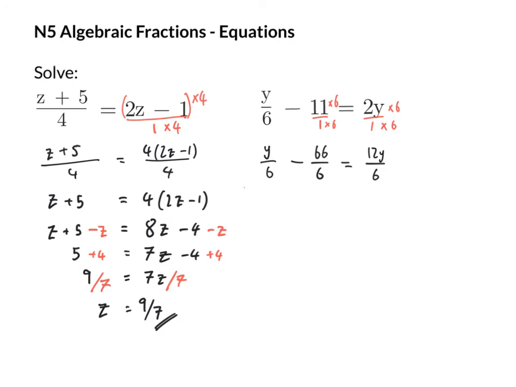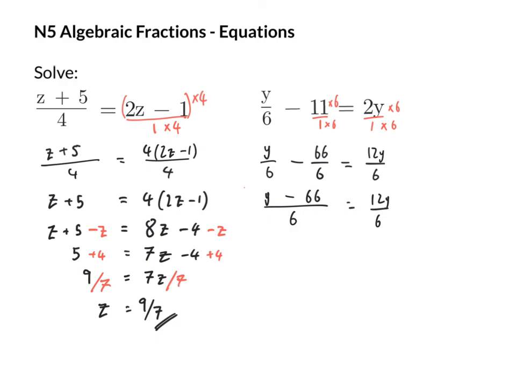Right, on the left-hand side here, I've got two fractions with the same denominator, so I can write this all out of 6, and I'll have y minus 66 on the top. That's going to be equal to 12y over 6 on the right-hand side.